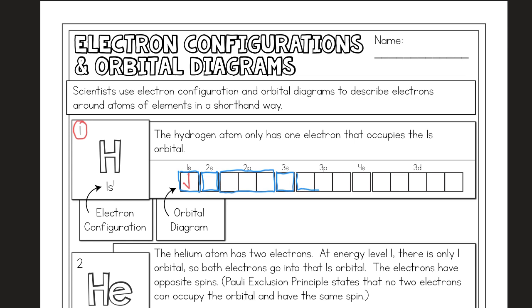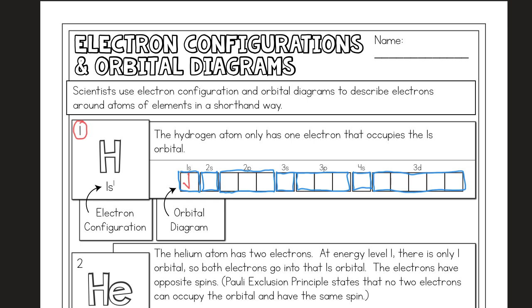All the p orbitals all have 3 orbitals, so there's enough room for 6 electrons. Here's a 4s, so that would have 2 electrons. And then when you get down into these larger blocks, 3d is actually going to have 5 orbitals, which will have room for 10 electrons.